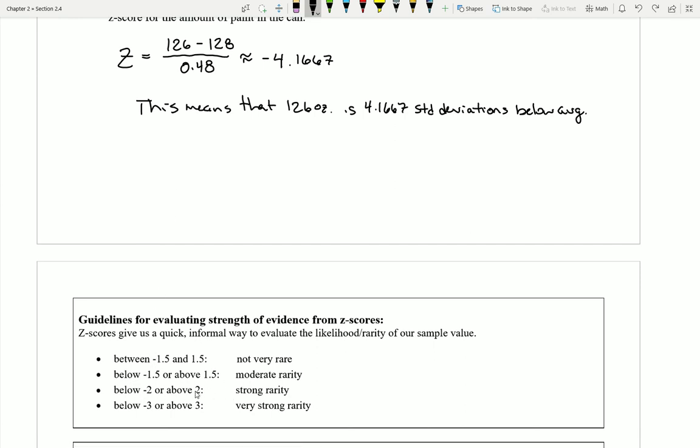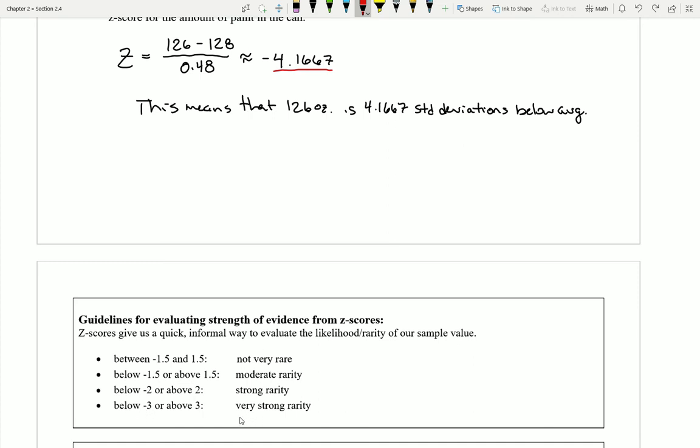If I go above or below 2, so I start getting into the range of 2, I start to say that item becomes rare. And if I get 3 standard deviations away, then I can say that what I saw was very rare. So notice that up above, we have a z-score of about -4.1667.